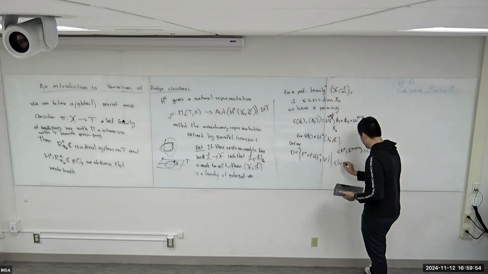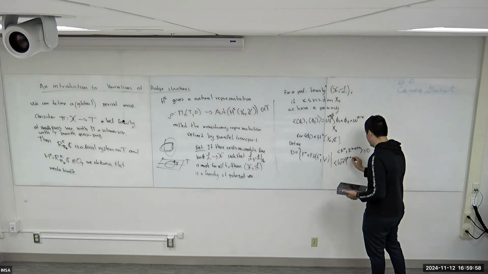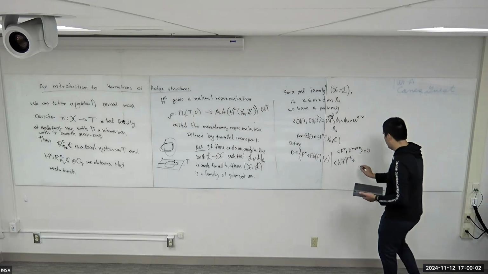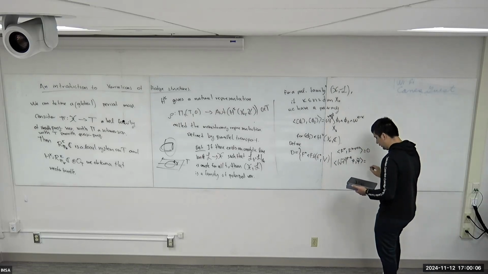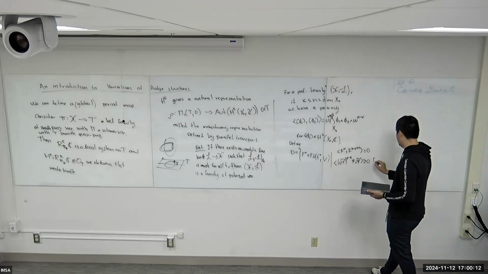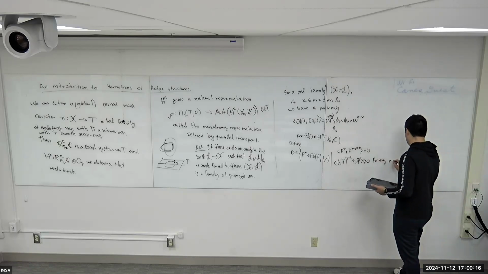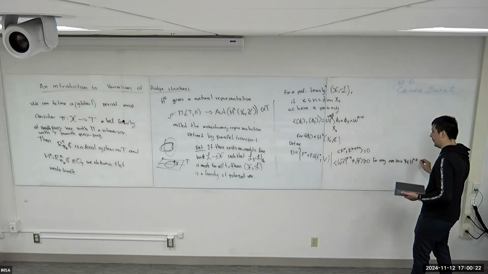So I should probably put here the correct indices, because these are going to be some main objects that Professor Reddit is going to be talking about. For any non-zero psi in HPQ.